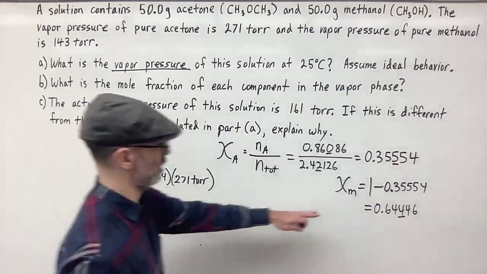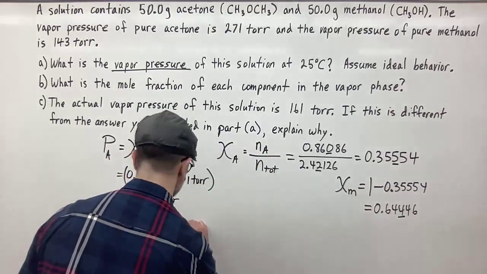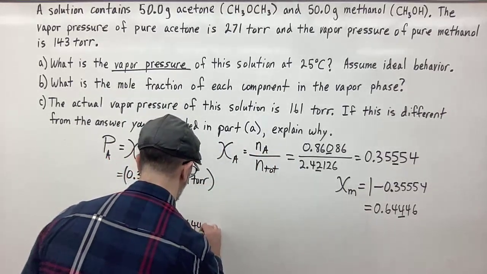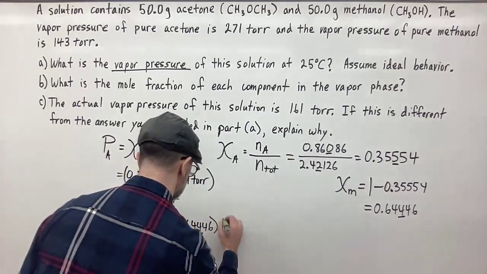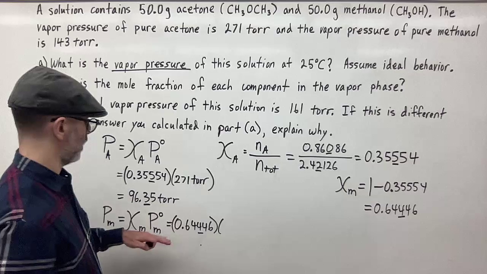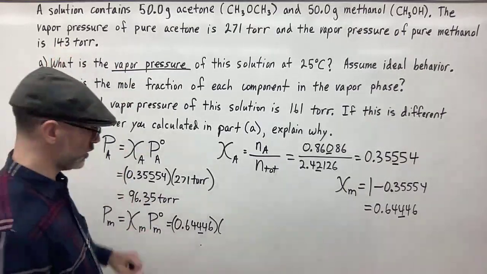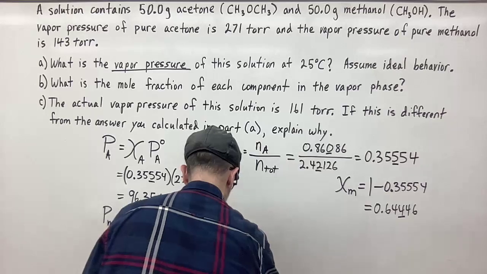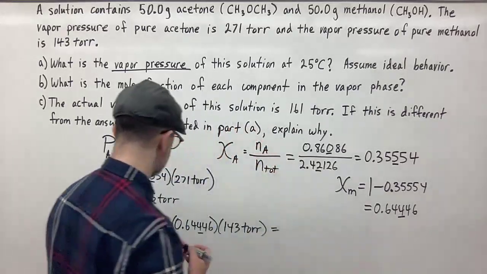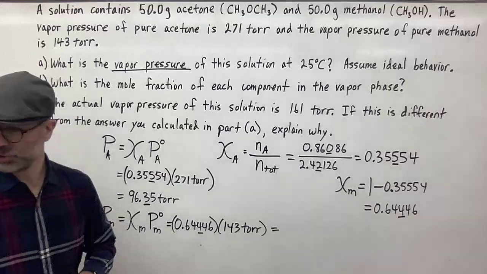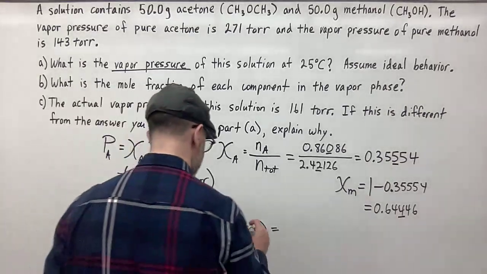So the mole fraction of methanol here is 0.64446 multiplied by the vapor pressure of pure methanol, which is 143 Torr. And that's going to be equal to 92.15.